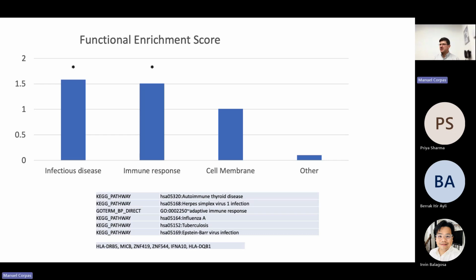And the funny thing is that the enrichment are precisely related to the issues that we identified historically when the Spanish came, i.e., susceptibility to infectious disease and issues with immune response.